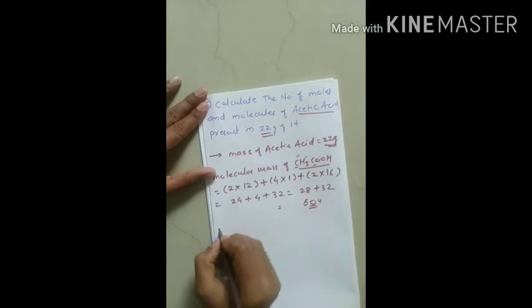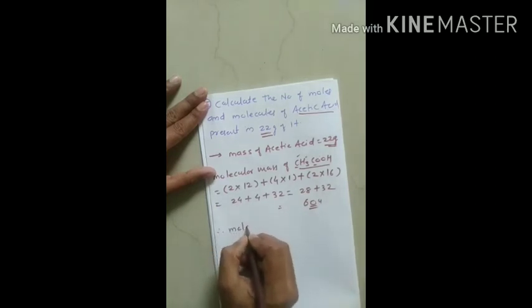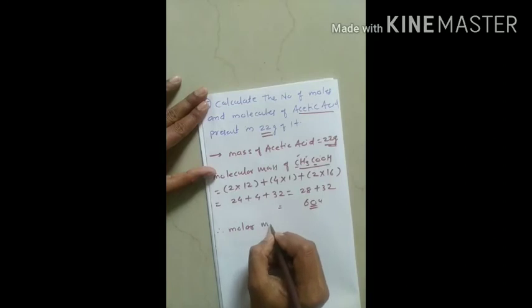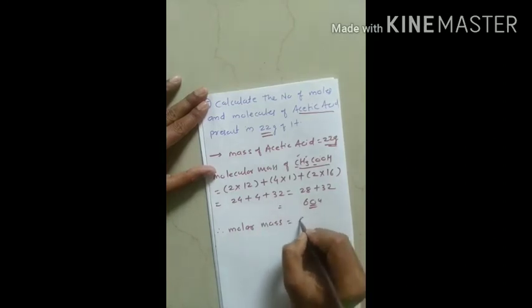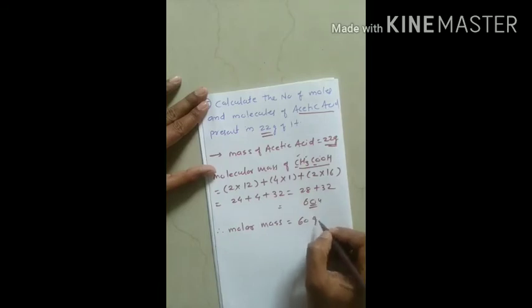So therefore I can say, if I get the molecular mass, I can write the molar mass. The only change is the unit. So 60 as it is, instead of u I can write here gram per mole, isn't it?